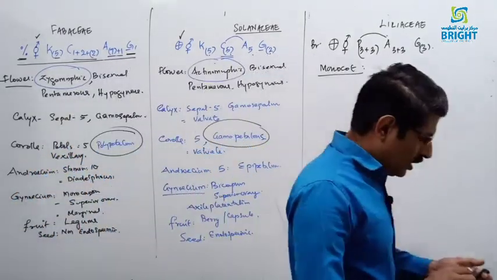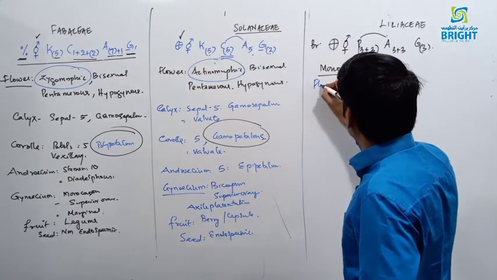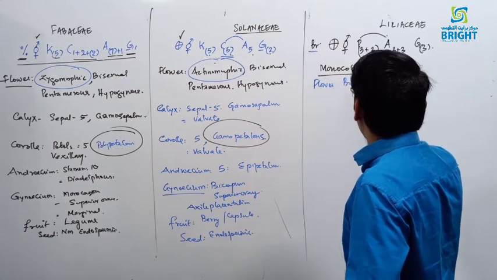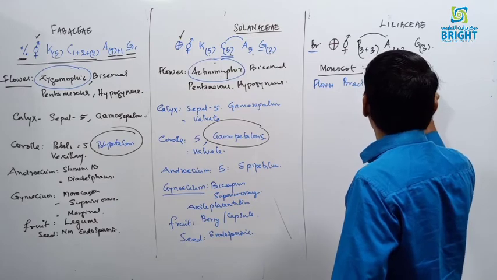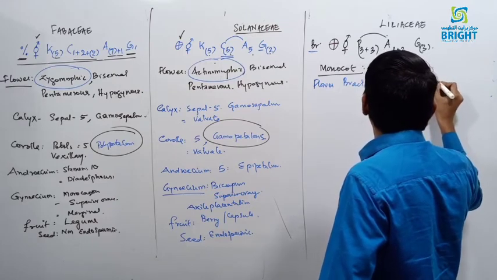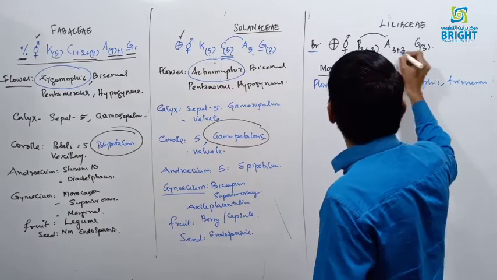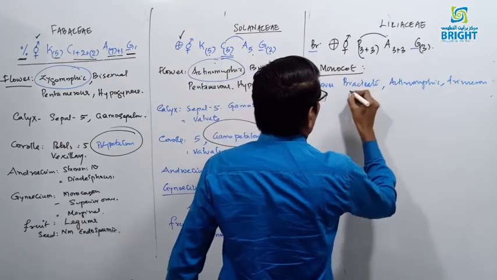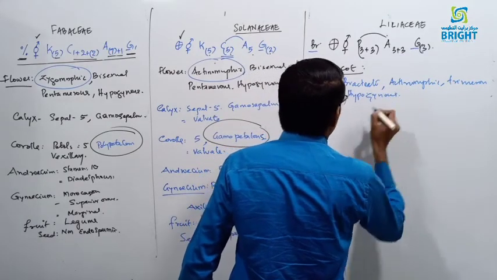And it is a monocot family, and here the flower character is Br, which means bracteate, bracts are present, actinomorphic, trimerous, we know that 3 or its multiple, trimerous, hypogynous flower.